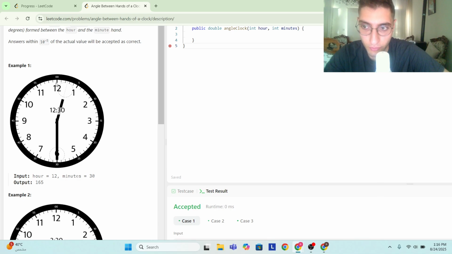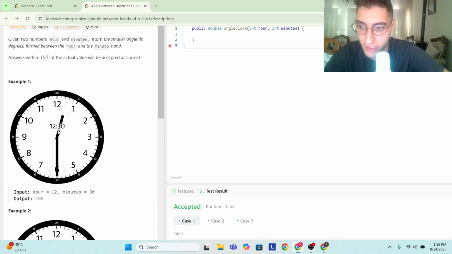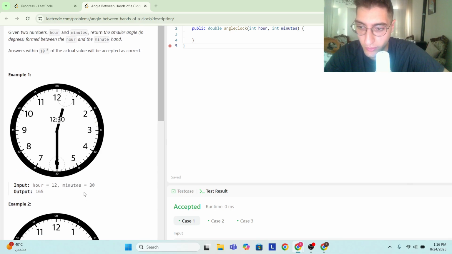That means, if we do rule of 3, it's going to rotate by 6 degrees every minute, because 360 divided by 60 is 6 degrees every minute. What does that help us achieve? We're going to multiply the minutes that they gave us, in this case 30, by that principle that we just found, that every 1 minute is 6 degrees.